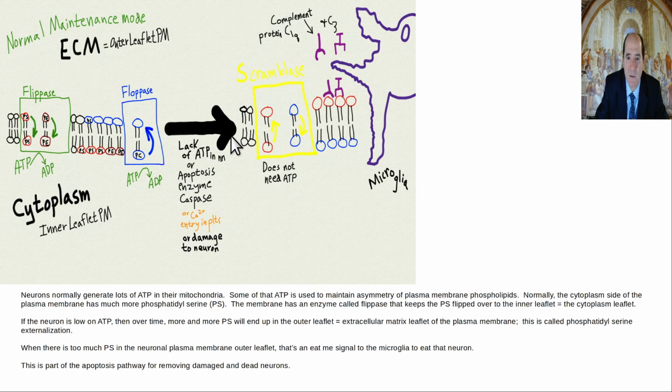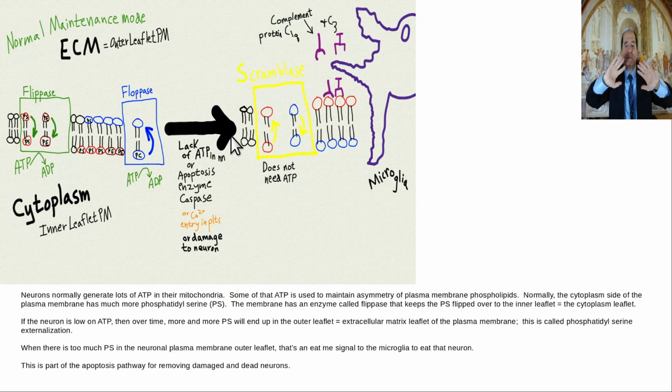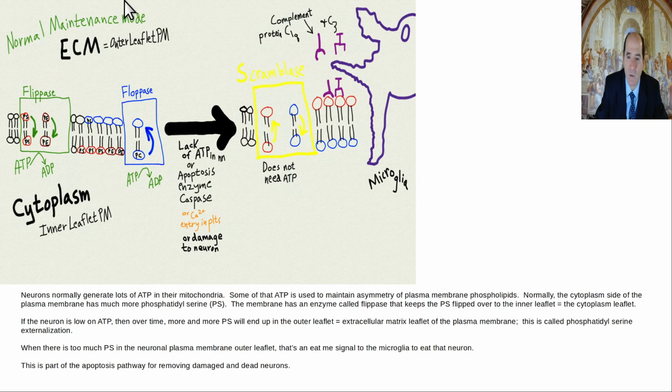The reason why it's done by this phosphatidylserine flipping into the outer leaflet is so that it exactly indicates that cell. Because neurons, there's millions of them all crowded close together. If it was just a chemical secreted into the extracellular space, the microglia would not know exactly what neuron it was coming from. But because it's the actual plasma membrane of the cell that's run out of ATP, the microglia knows what to eat, what to ingest.